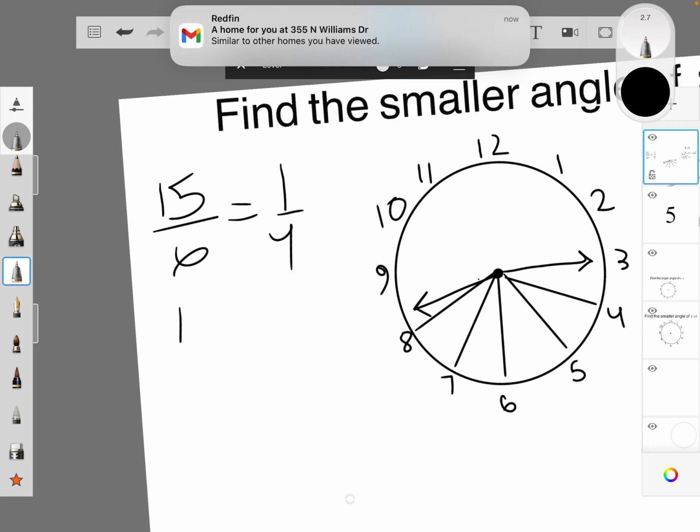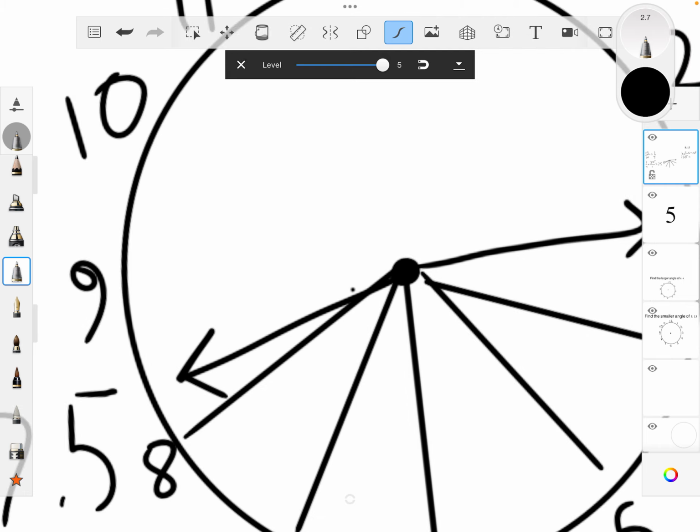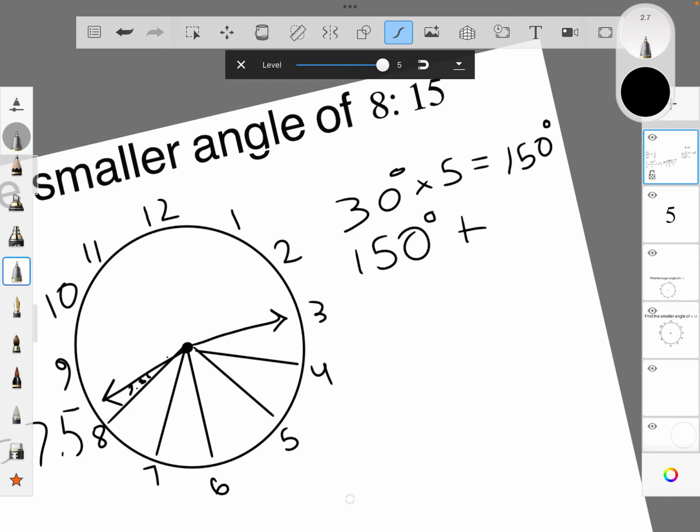And then 1/4 times 30 degrees would equal 7.5. So this angle here is 7.5 degrees.